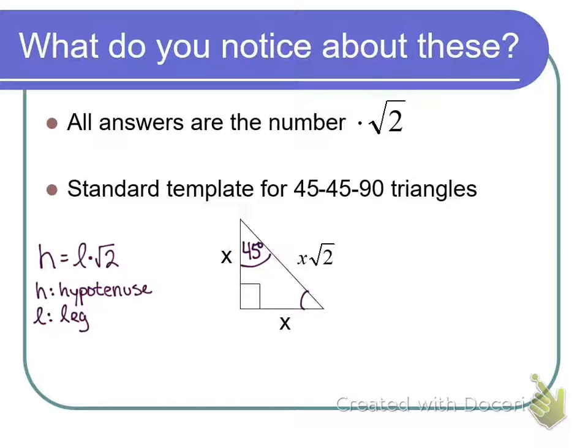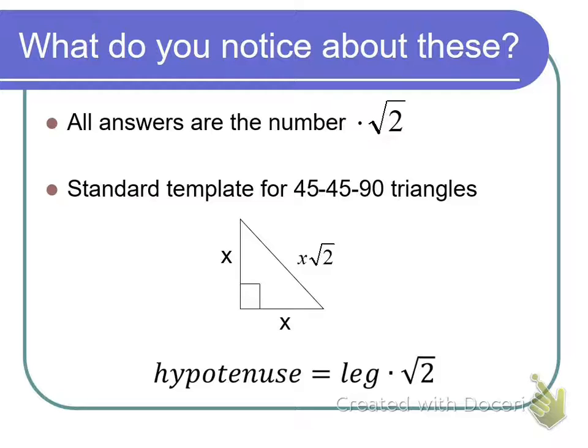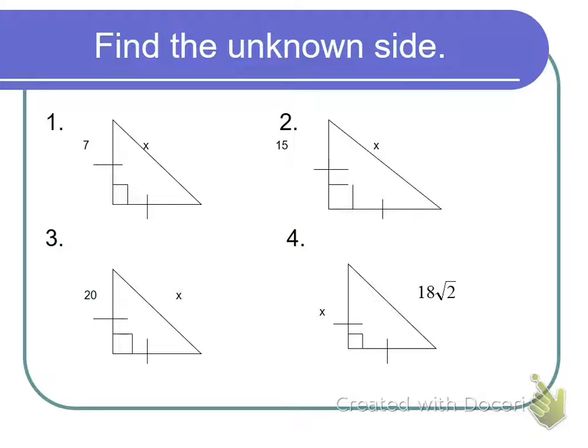Lots of practice problems. On we go. Oh, well, see, there it is. I already put it up there. All right. Find the unknown side. The spacing on these is kind of weird, but I think you get the idea. This 15 belongs to this side. The 7 belongs to that side.